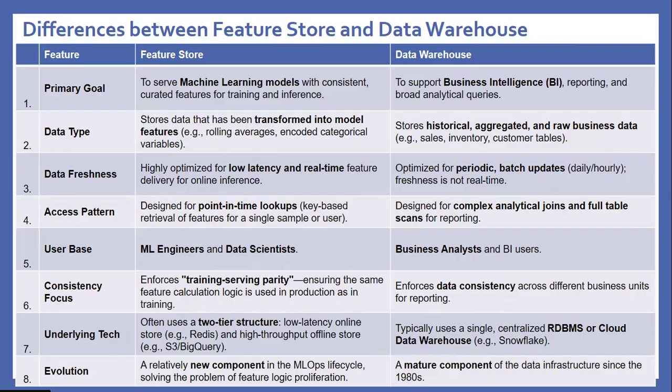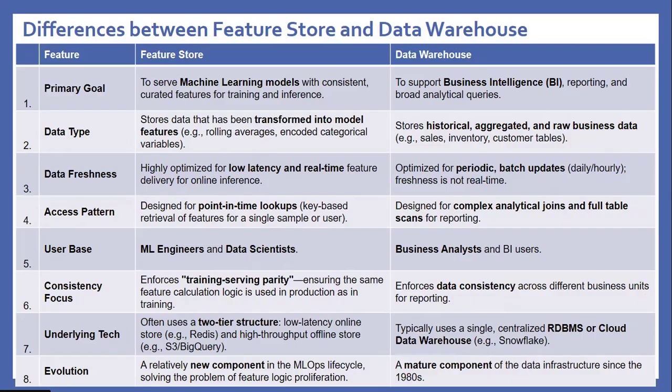Consistency focus: feature store enforces training serving parity, ensuring the same feature calculation logic is used in production as in training. Data warehouse enforces data consistency across different business units for reporting.